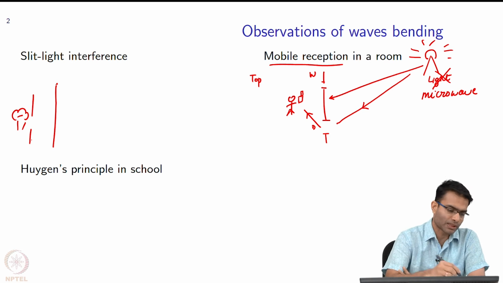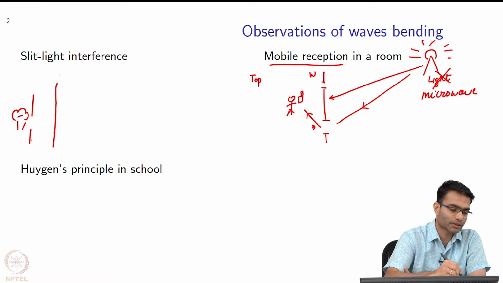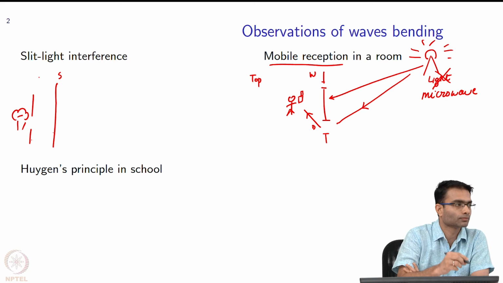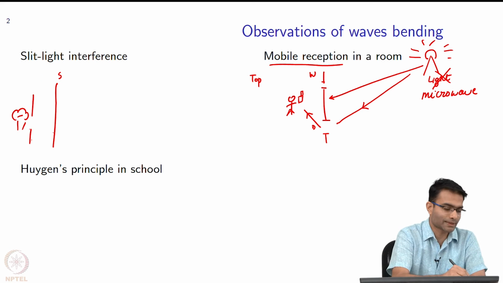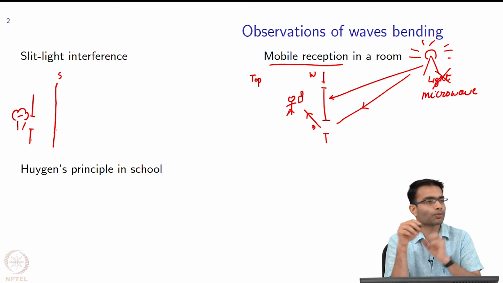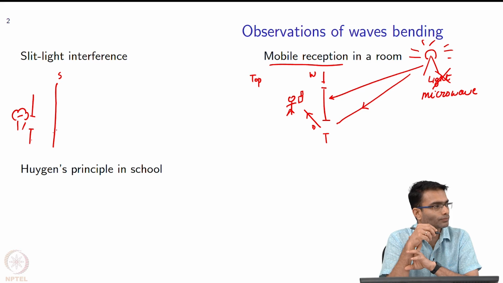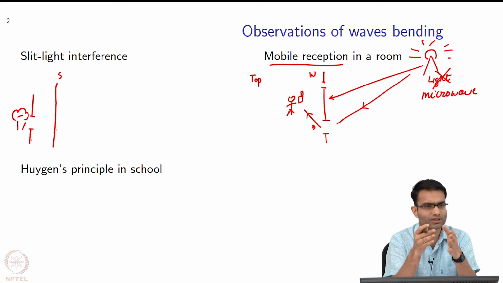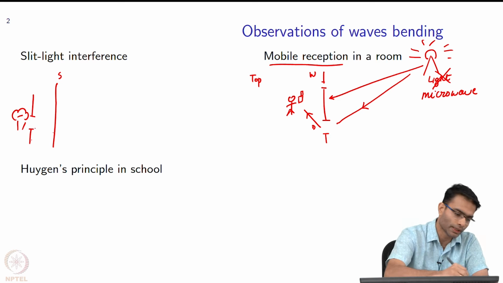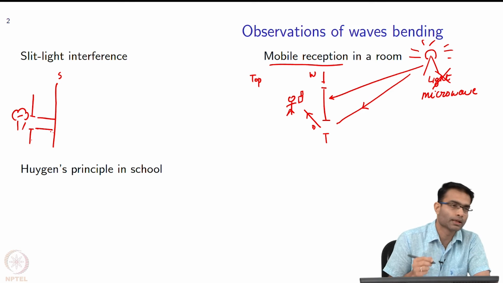Let us call this the screen. If this hole is 10 centimeters wide, what kind of a spot size will you see on the wall? Almost 10 centimeters. There is no bending happening because it is 10 centimeters, the light will just go in a straight line. So, that is what you see.